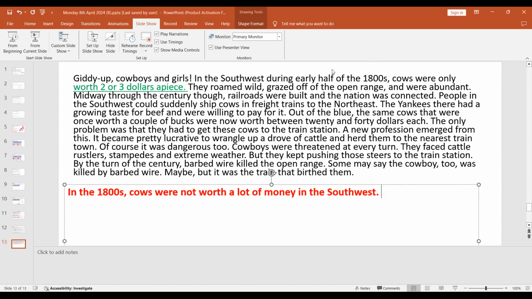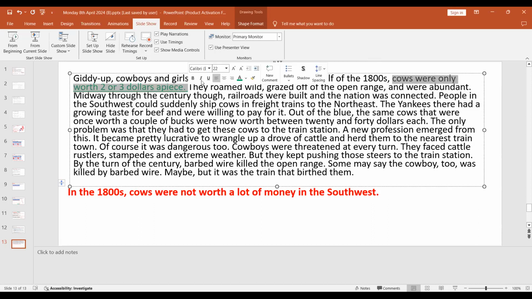You shouldn't say the price. You should tell me what that means. Did anyone actually write cows were worth only $2 or $3 a piece? I put cheap and put $2 or $3. Don't say the price. That's a detail that we don't need.